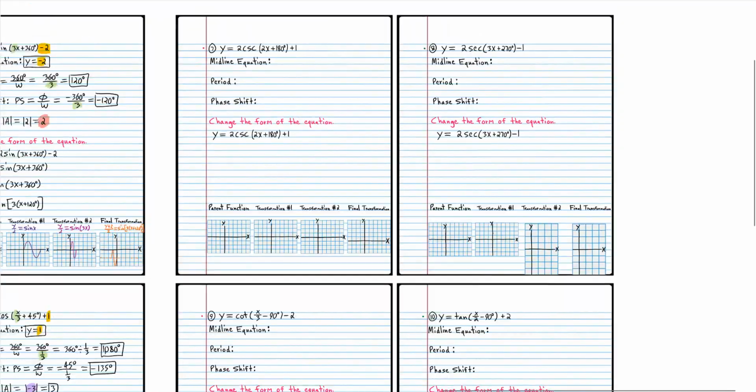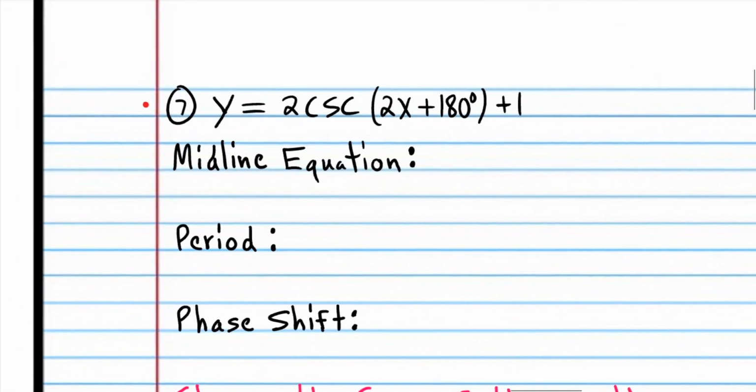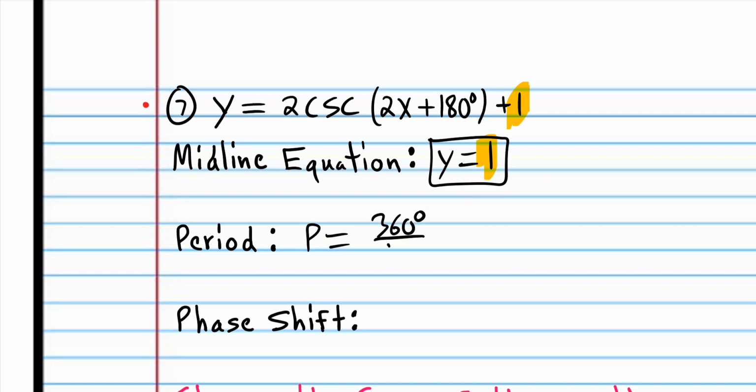Okay, so we have about 4 more problems to do today. Now we're switching to the cosecant curve and the secant curve. So the midline is the same number there. The period is again 360 degrees. That's a normal period for cosecant, cosine, sine, and secant. And omega is 2, so we have a period that's 180 degrees.